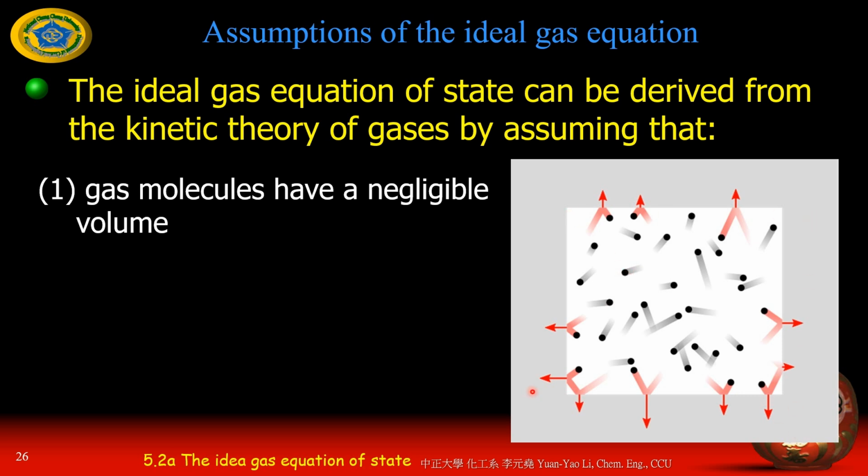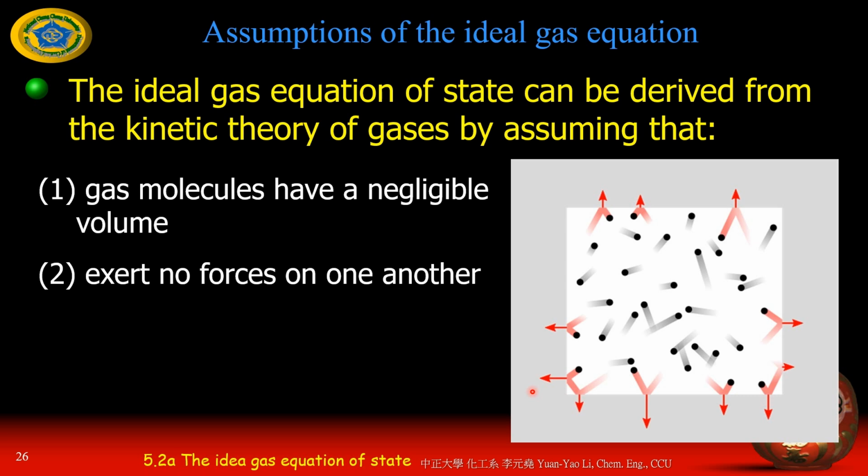The first condition: negligible volume. The second is that they exert no forces on one another. These two have no interaction, no attraction, no repulsion. There are no forces between each other.